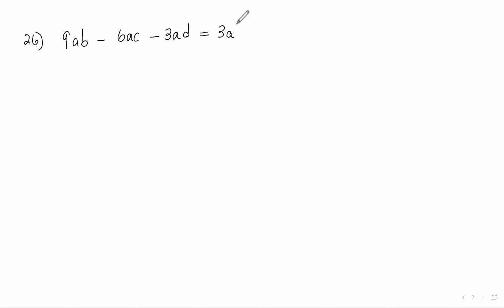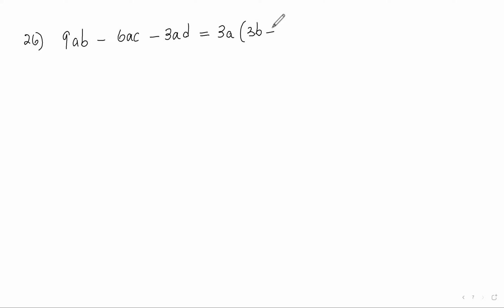So it'll be 3a. And what will go in the brackets then? 3b. Yes, because 3a times 3b is 3 by 3 is 9, and a by b is ab. Good. And then what?